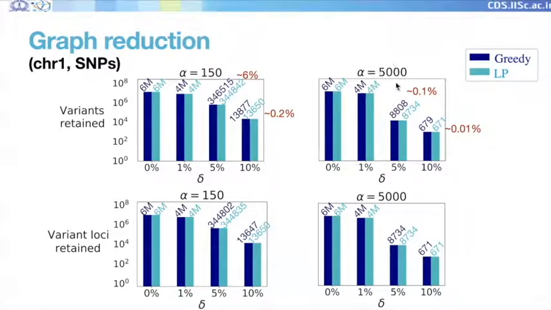So this is for long reads. In this case, the graph size reduction is even more drastic because if I see delta equals 10%, I'm able to go down from 6 million SNP variants all the way to only about 670 SNP variants left in the genome graph.